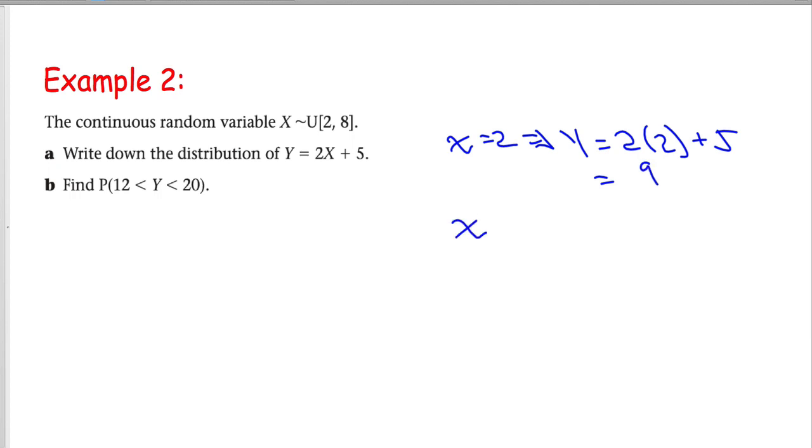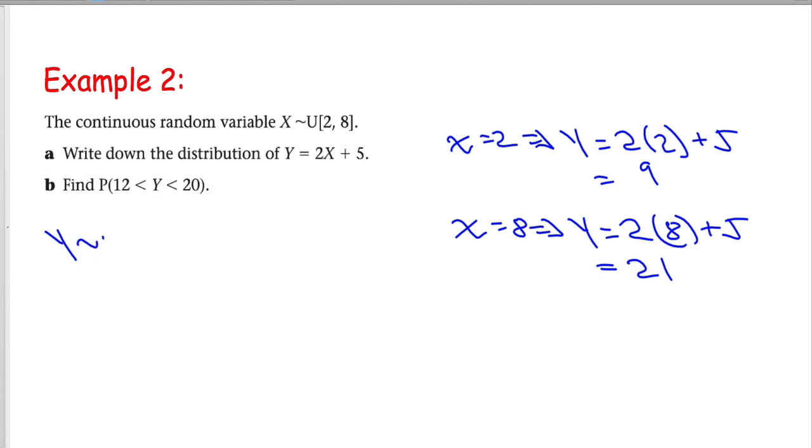And when x is equal to 8, y equals 2 times 8 plus 5, which is 16 and 5, 21. So what we can say is y is going to be a uniform distribution over the interval 9, 21, so between 9 and 21.